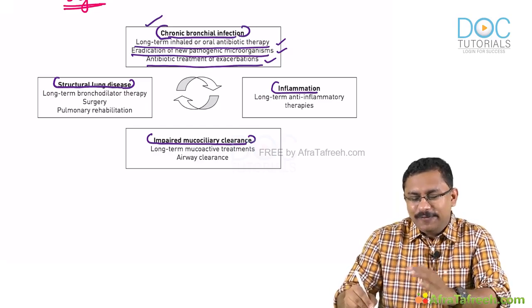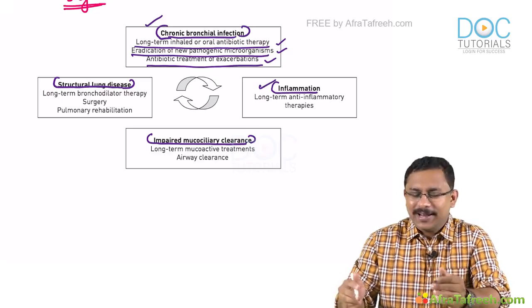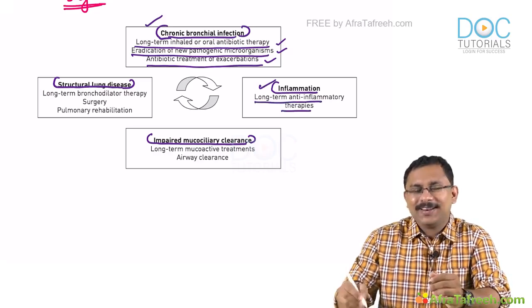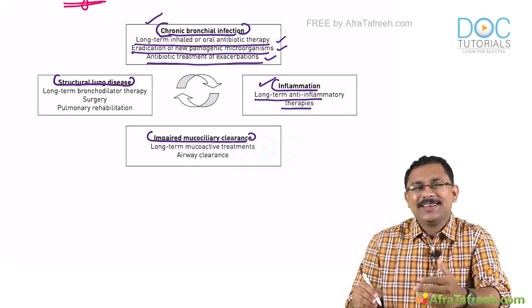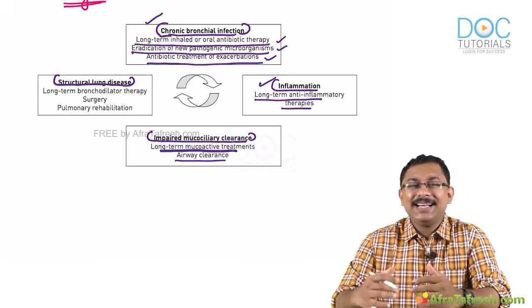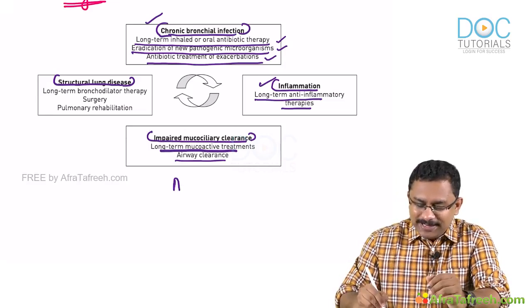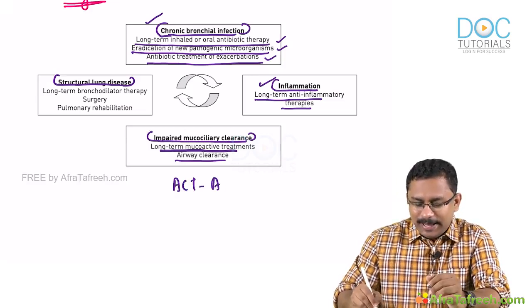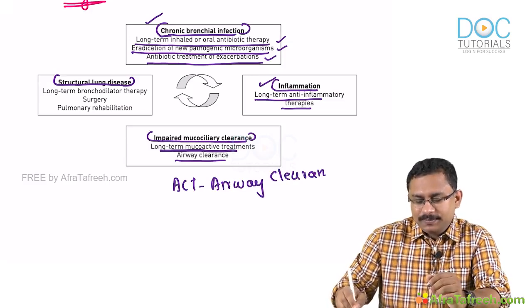If you have an inflammation that is responsible, like say rheumatoid arthritis, in such conditions you might require long-term anti-inflammatory therapies. In conditions where there is impaired mucociliary clearance, you might require long-term mucoactive treatments and therapies for the airway clearance. You call that ACT, airway clearance therapy.